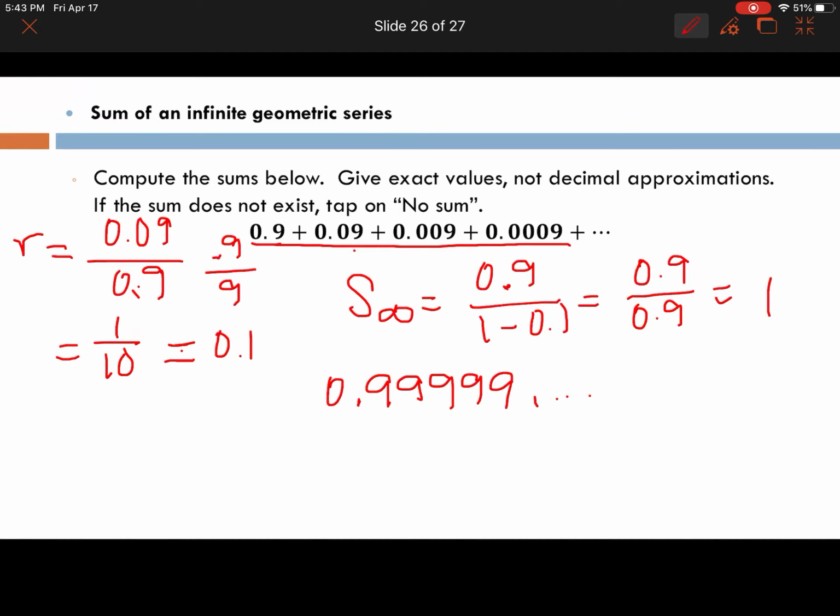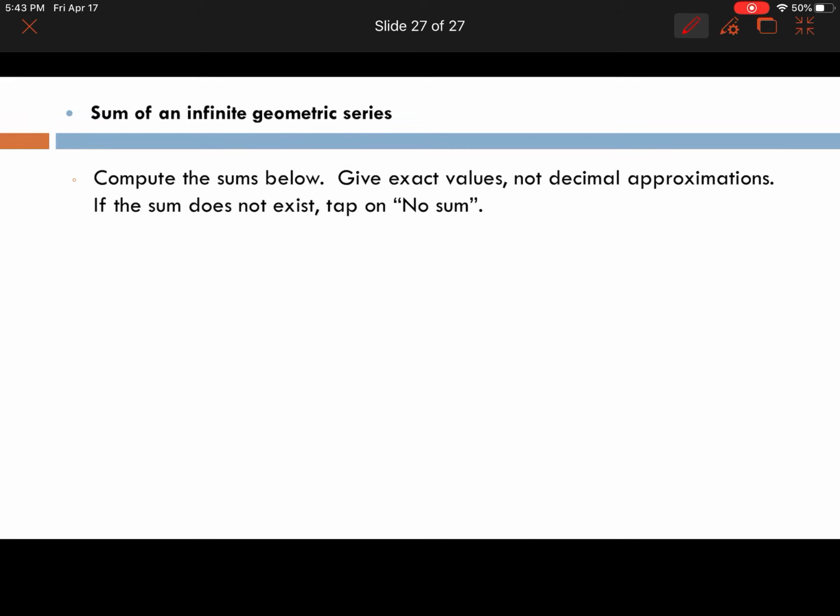If it keeps going forever, it's equal to 1. If we stop it at any point, then it's not quite equal to 1. But if we let it go forever, it's equal to 1. And we can discuss that more when we get together if you have a problem with that. It's kind of a mind-blowing concept.